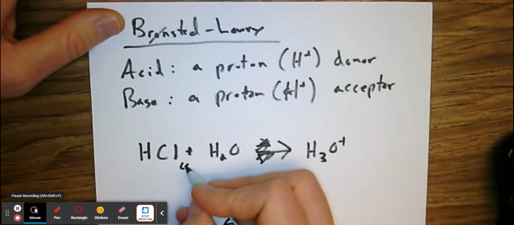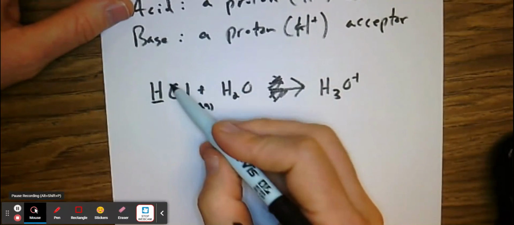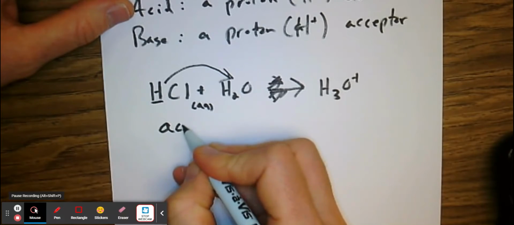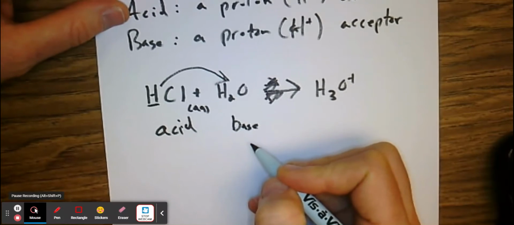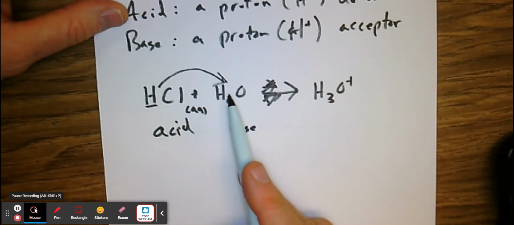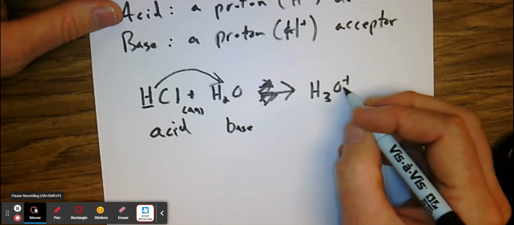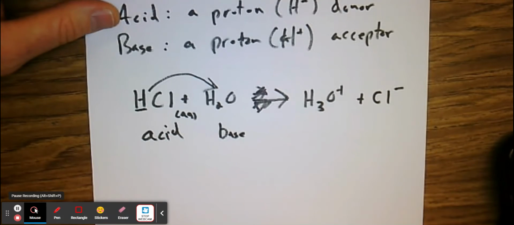You're going to transfer this proton over to this water molecule, making this the acid and water acting like a base. Now, it isn't a base on its own; it needs the acid to act like a base. But this definition is going to give us a good building block when we move on to conjugate acids and conjugate bases.